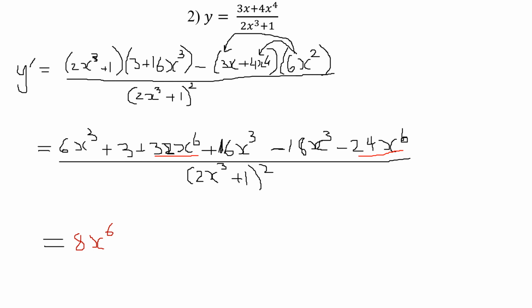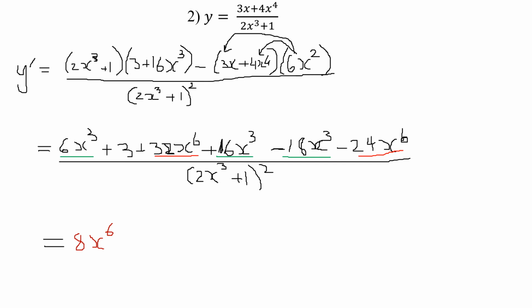After 6, I am seeing what? 3. 3 is the next highest degree. I have 6x cubed. I'm seeing 16x cubed. And I'm seeing 18x cubed.